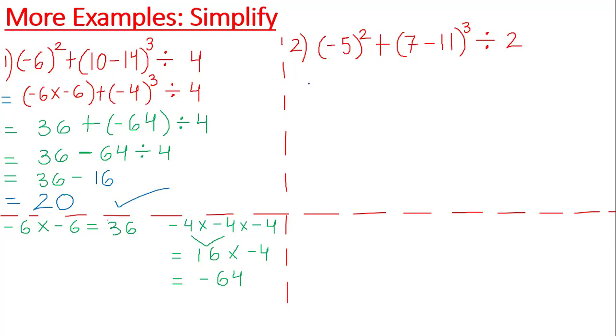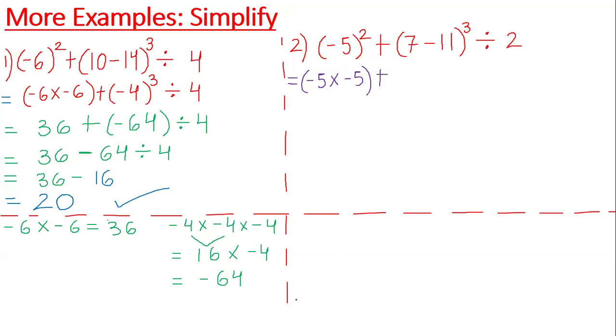Okay, let's try. What are we gonna do? The stuff inside the brackets. What is negative 5 squared? That's gonna be what? Negative 5 times negative 5. Close bracket. Plus.